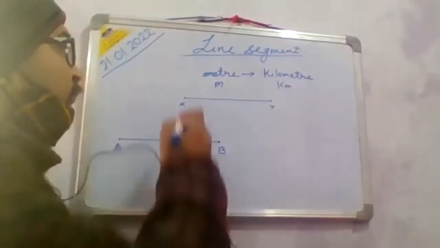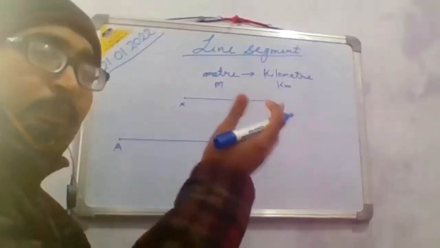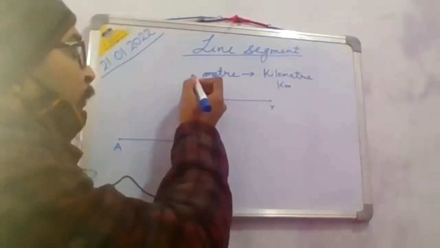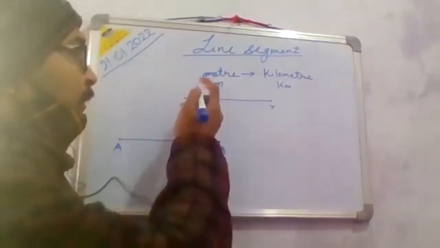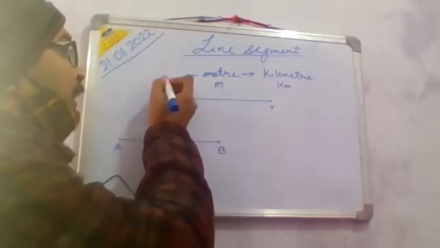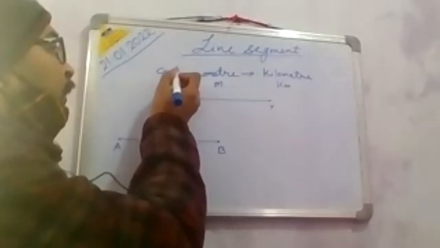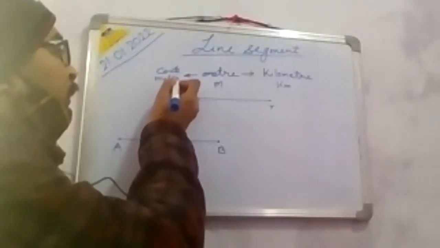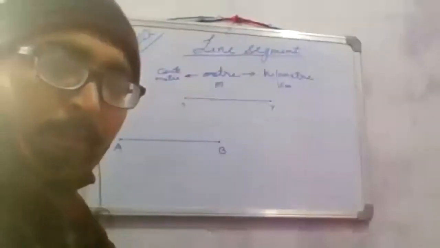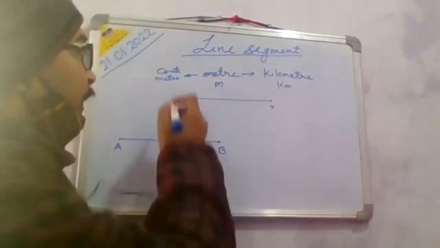If we talk about units smaller than meter for measuring a very small length, it is centimeter. Okay, you can write in your copy centimeter.